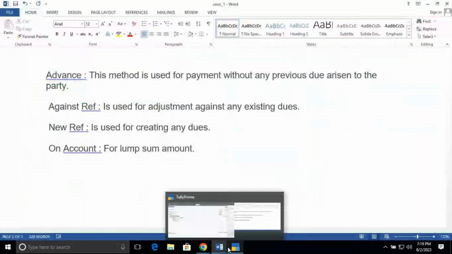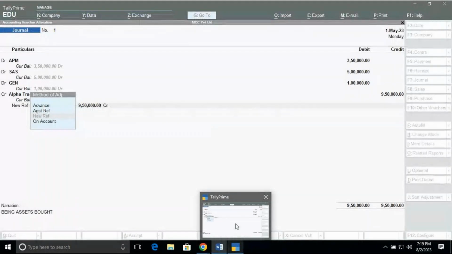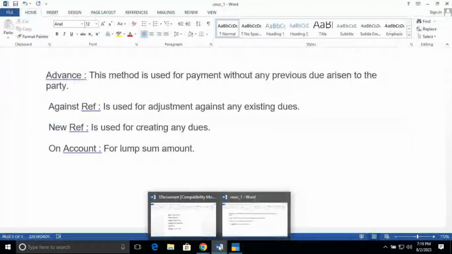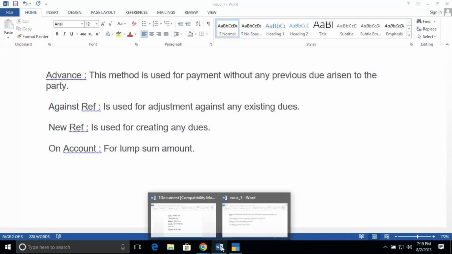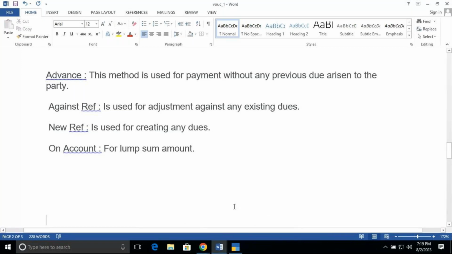See, as I told you, Alpha is our regular supplier, so we are always in the habit of buying from Alpha Traders. The company wanted to buy air conditioners, particularly Hitachi make.